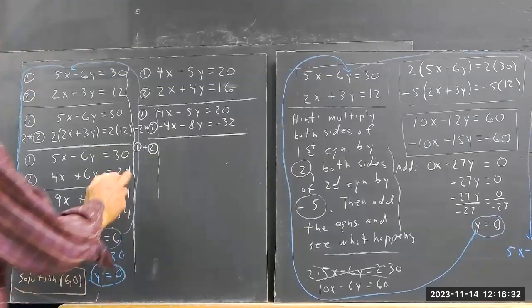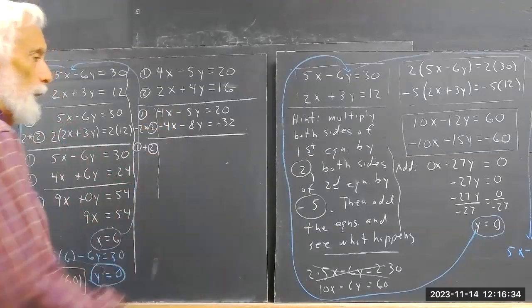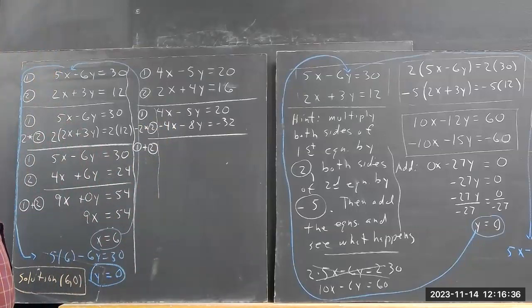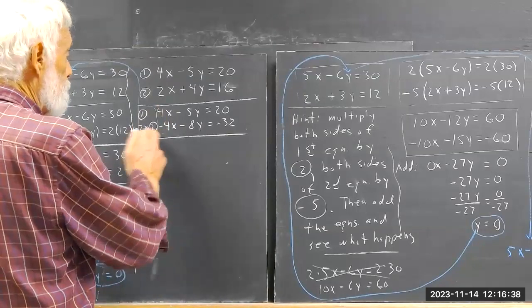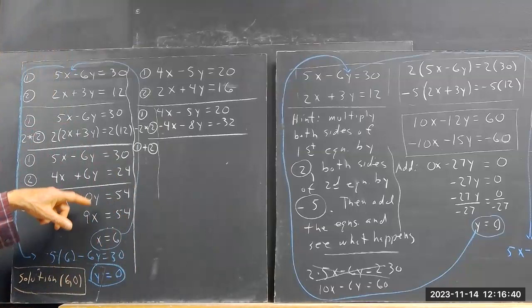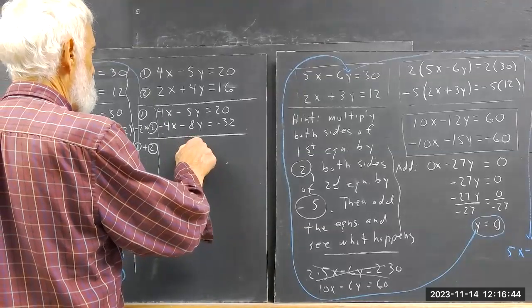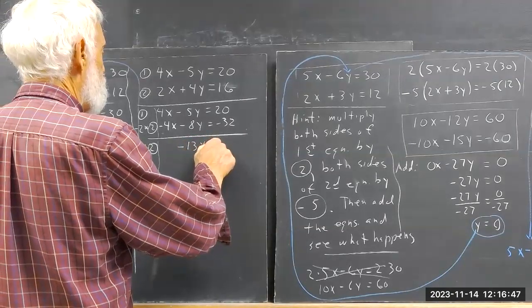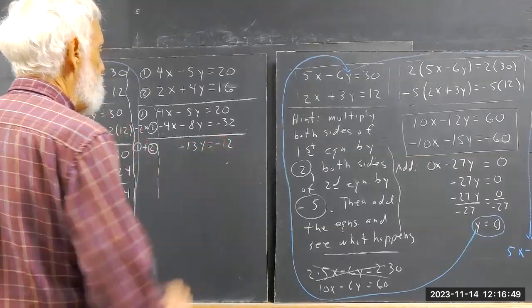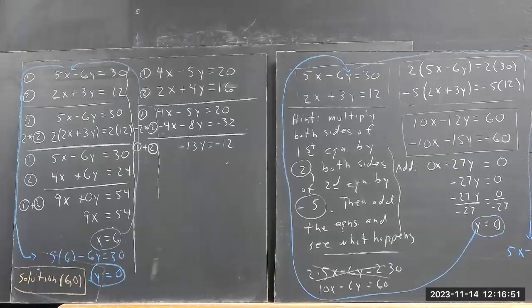Okay. If I add these equations, the x's go away. I'm not even going to write out 0x this time. We know we're going to get 0x, like I got a 0y here, and then it just goes away. We get -13y equals -12. Okay.